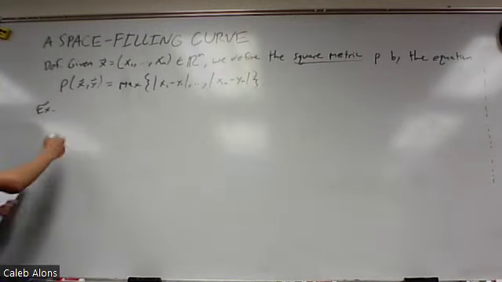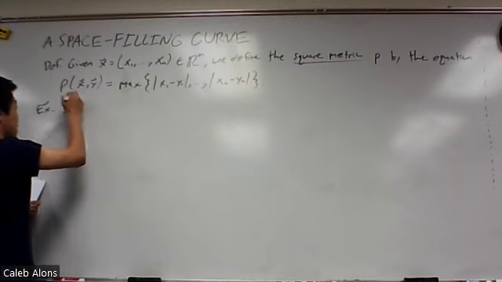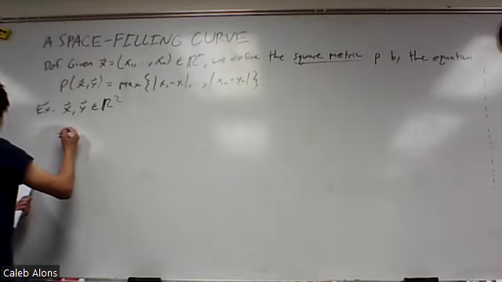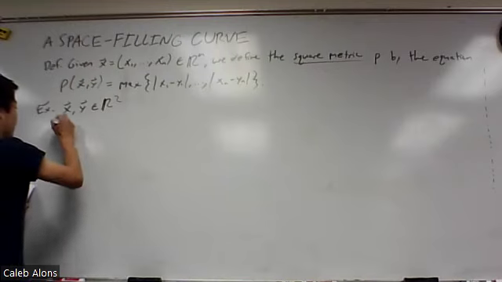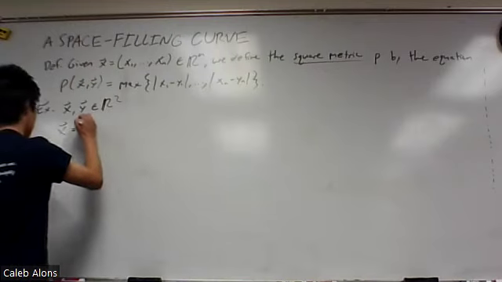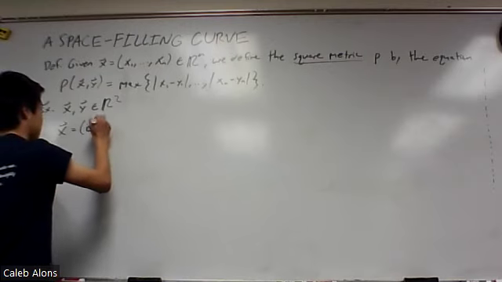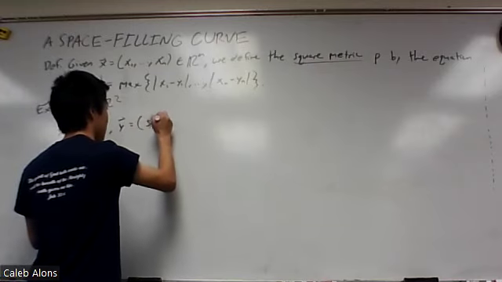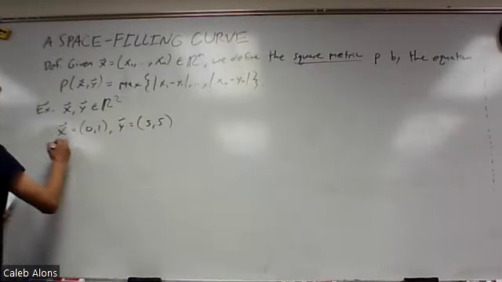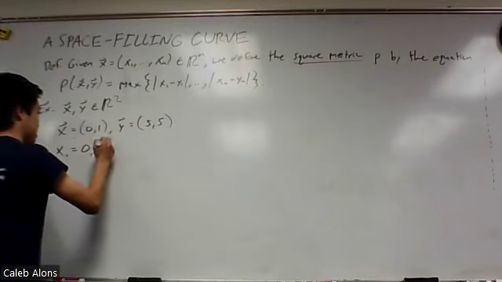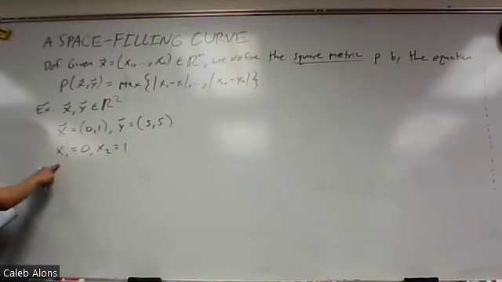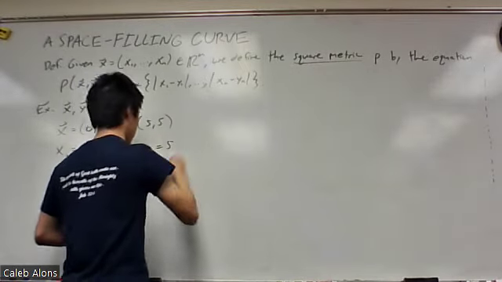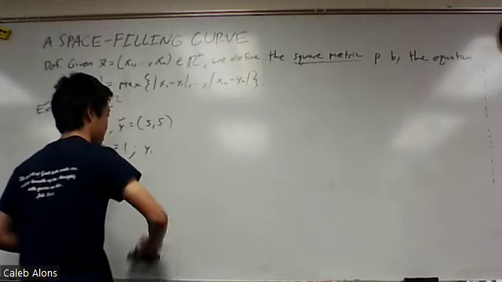Because we're going to be doing specifically R^2. So if I take two vectors in R^2, that means they have two dimensions. So suppose, let x equal (0, 1) and y be (5, 5). The way this is labeled is the components of the x vector x1 and x2, and then the components of the y vector, and they have to be the same here.